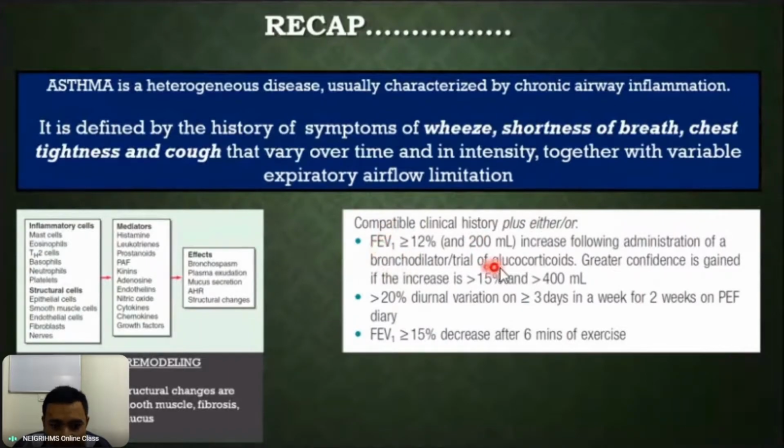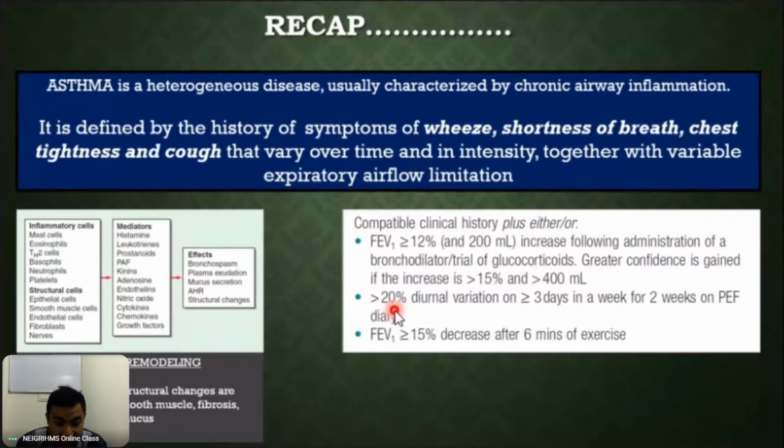More than 12% and 200 ml minimum increase should be there for adults. In children, only more than 12% is good enough. Or if they have their own peak flow meters, they can always see a change of more than 20% between different times of the day. That would suggest asthma.